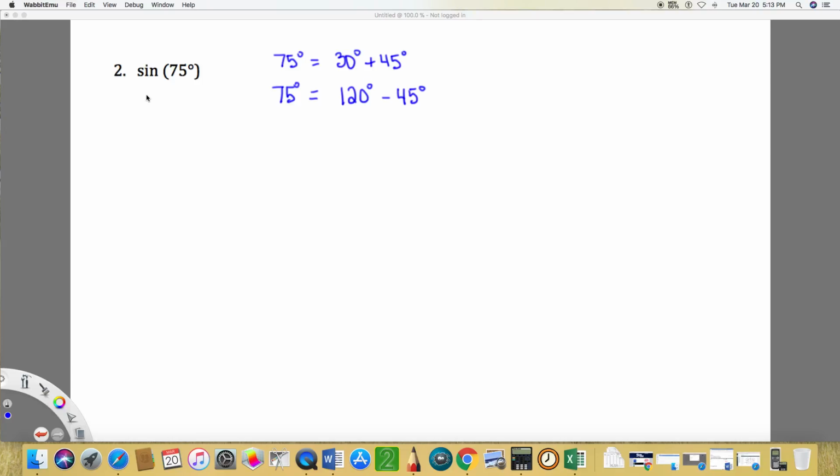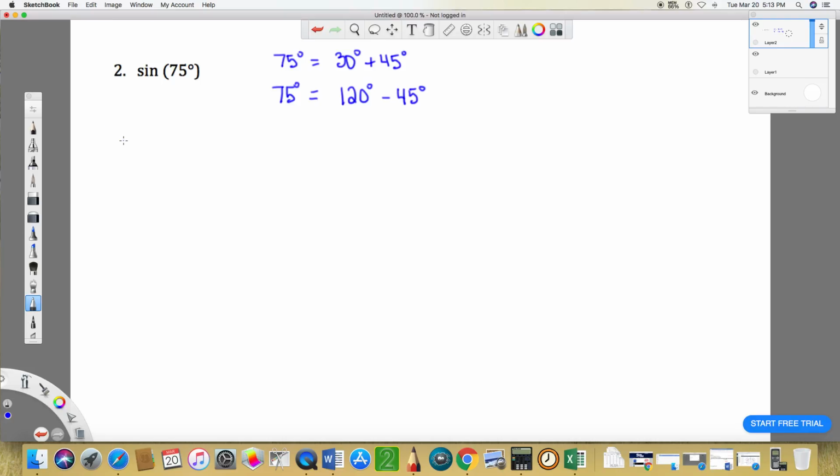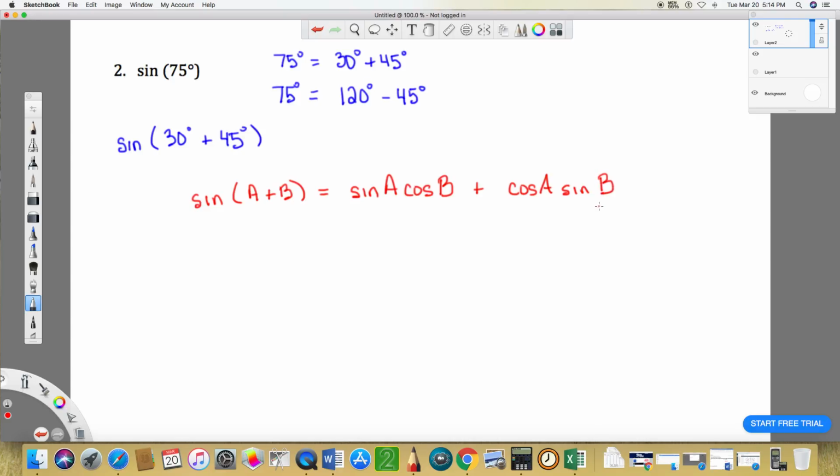So we can rewrite the sine of 75 as the sine of 30 degrees plus 45 degrees because we have a formula that says if you're taking the sine of the sum of two angles, that is the sine of A times the cosine of B plus the cosine of A times the sine of B. At least I hope.